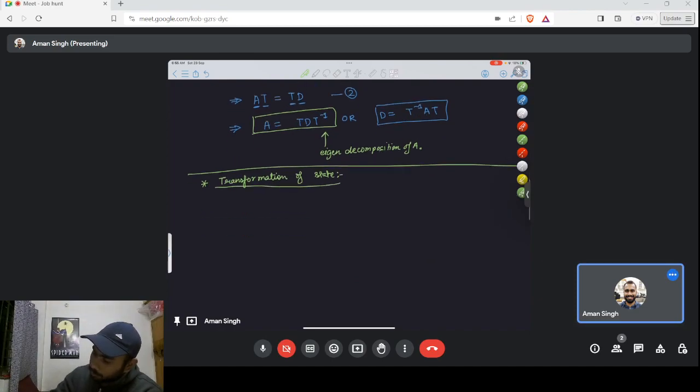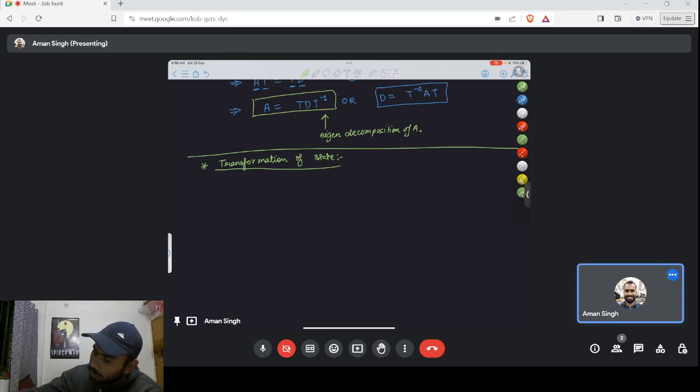Let's assume we transform our existing coordinates x to Tz, where T is that eigenvector matrix. Why we are doing so, you'll see in a minute: how this simplifies our solution of the x dot is equal to Ax equation.